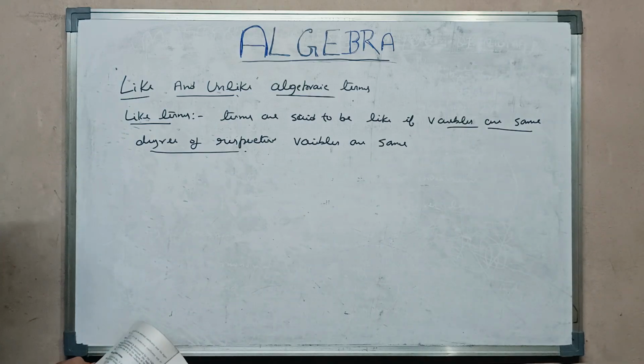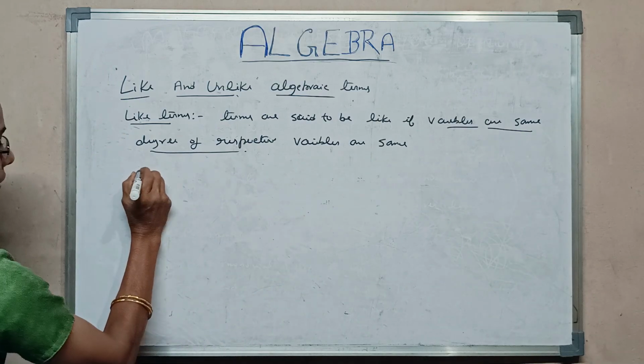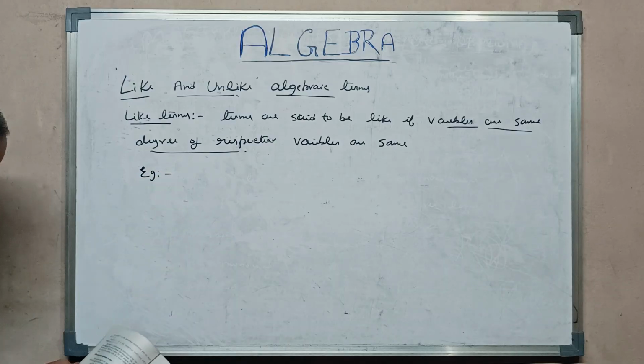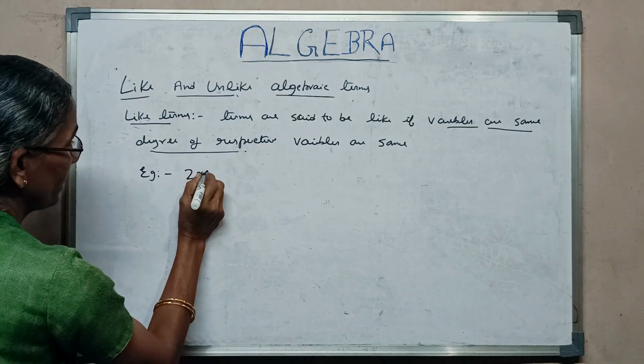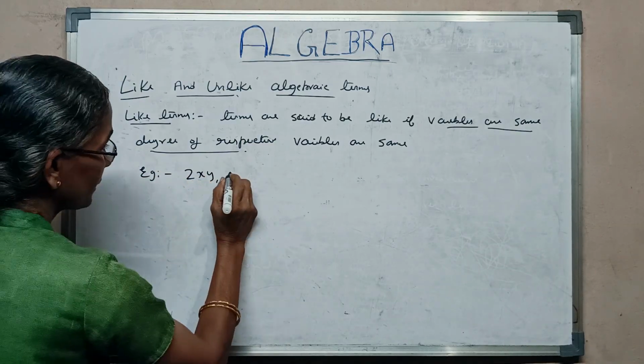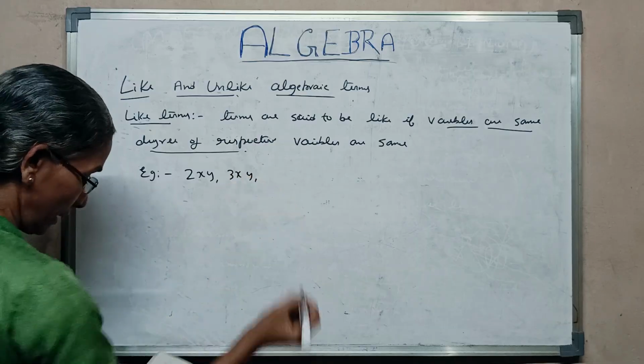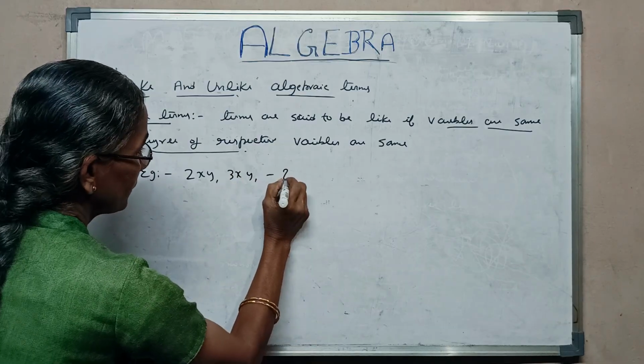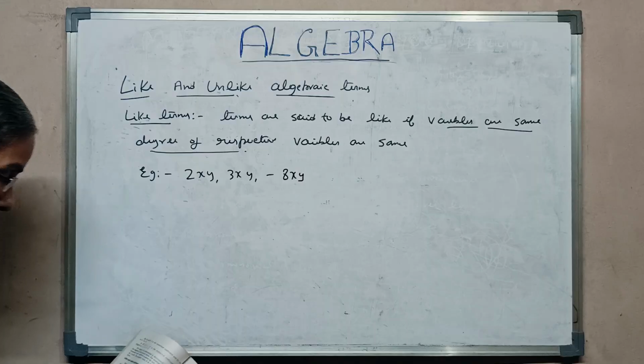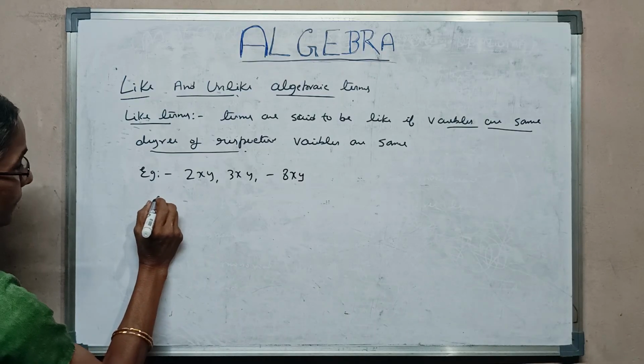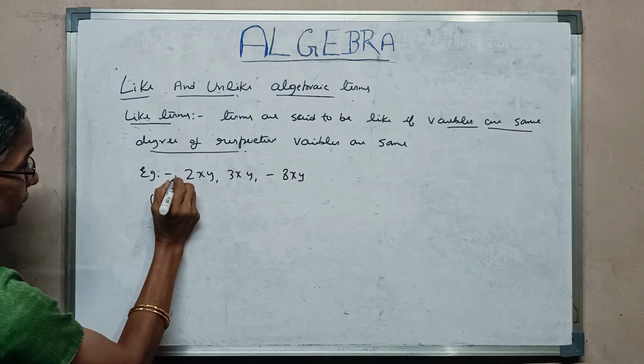For example, for like terms, here 2xy, 3xy and minus 8xy. This is the first example.